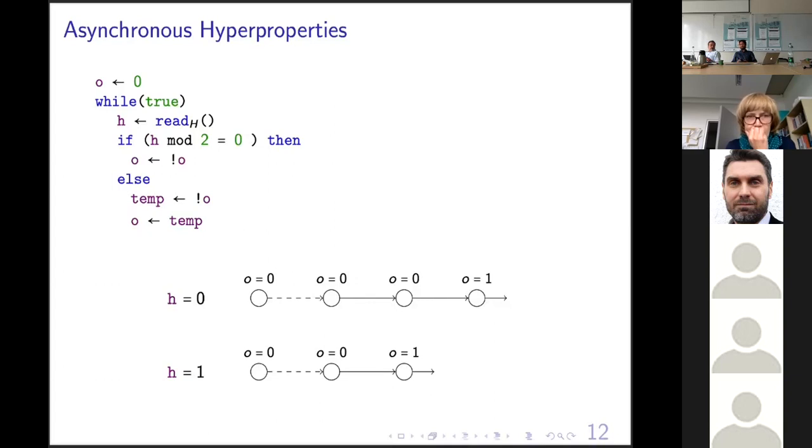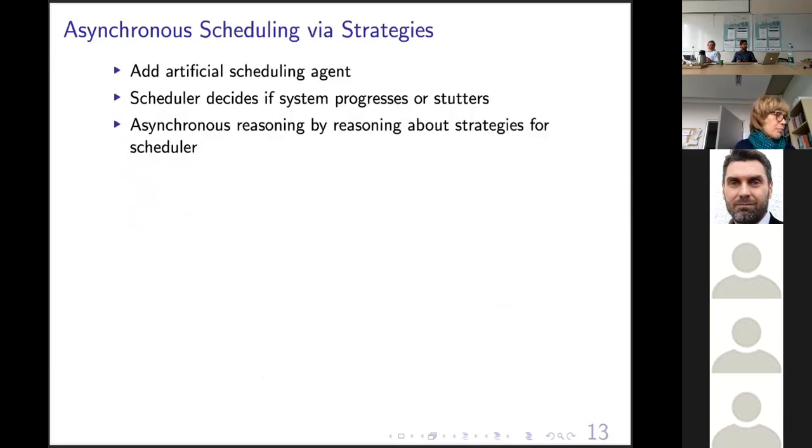So we would like to allow this program to be stuttered and reason about an asynchronous version of, for instance, observational determinism. And what we can do in our logic is we follow the simple approach where we just add an artificial scheduling agent to our system that in each step decides whether the system progresses or whether it stutters. And if we then want to reason about the asynchronous behavior of our system, we can just talk about strategies for this scheduling agent.